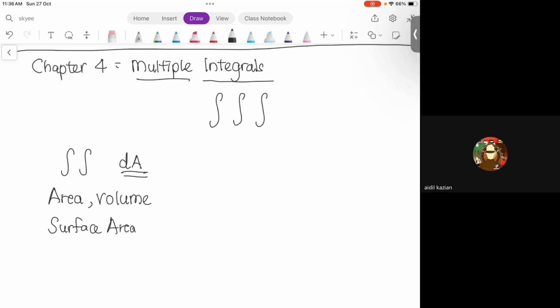The dA can happen for different coordinate systems. It can happen for Cartesian coordinate system, meaning that it involves the x and y. You remember, x and y. And it can also happen for polar, where we are dealing with r and theta.